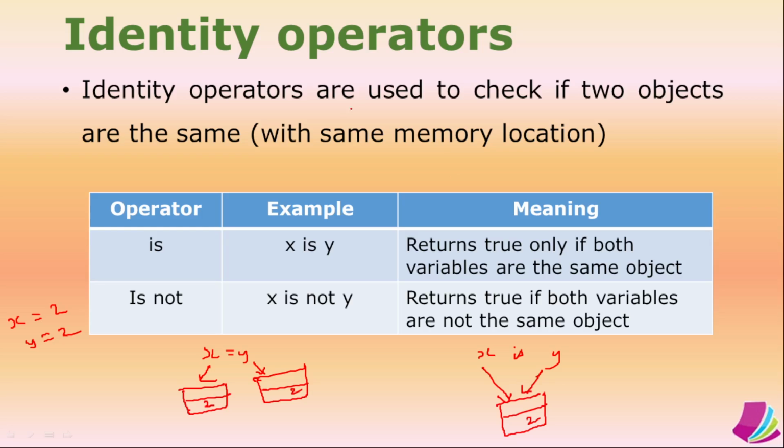So here the comparison is done with respect to memory location, whether both the objects are sharing the same location, then it will return true. I hope you understand the primary difference between equal to and is. Is not is the opposite of is, right? So if they are not the same object, if they are not sharing the same location, then the condition will be true. Okay.